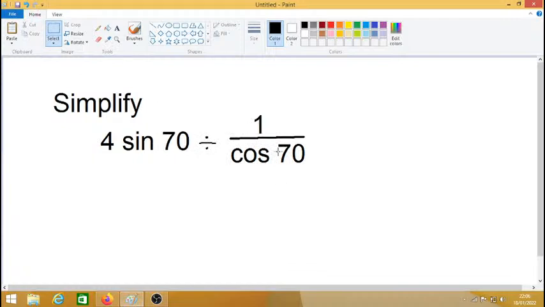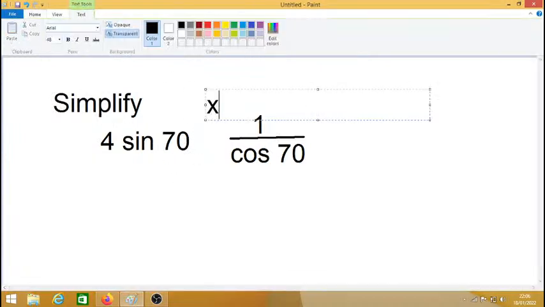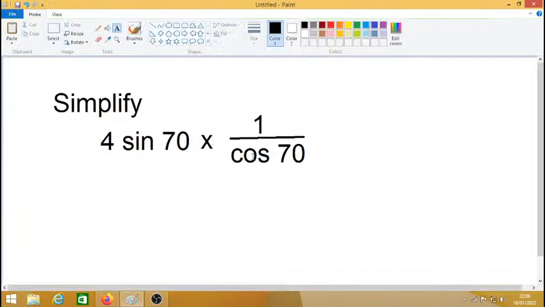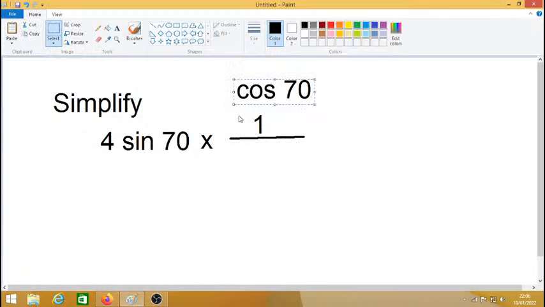And then when you're dividing by a fraction, you turn the divide into a times and flip the fraction. So that divide can turn into a times, and you flip the fraction, so on the top goes the cos 70 and on the bottom goes the 1.